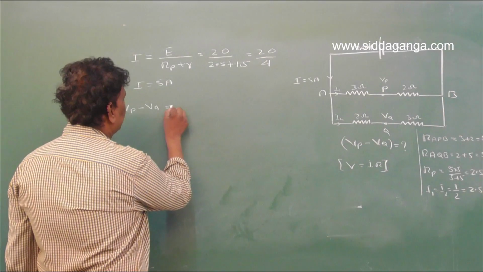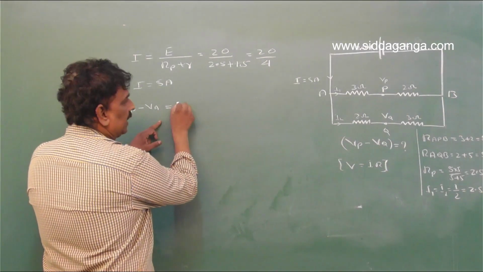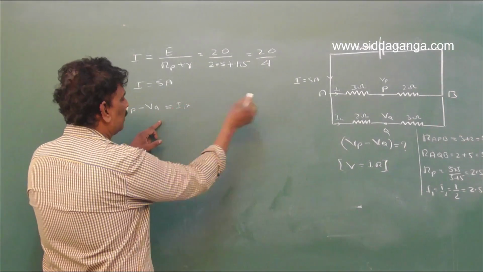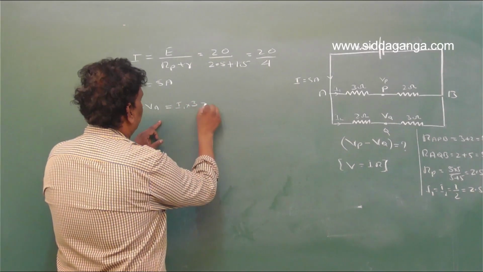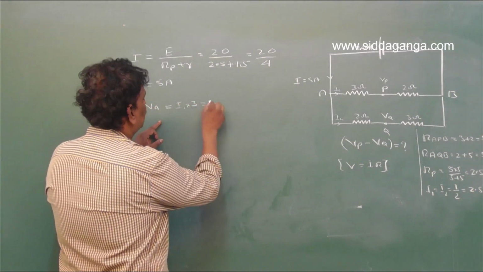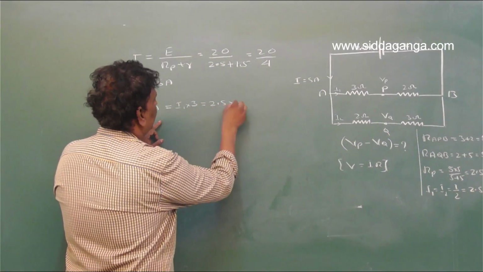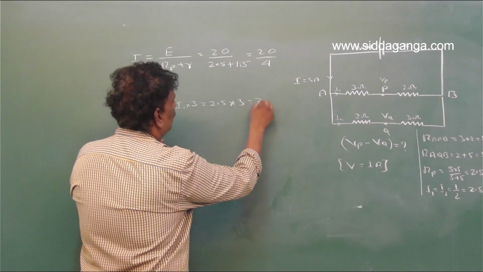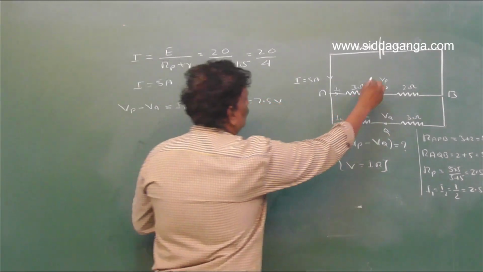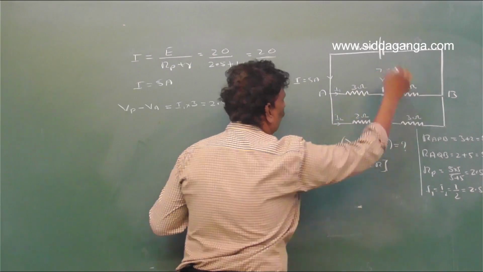Therefore, Vp minus Va is I1 into resistance 3. So 2.5 into 3 is equal to 7.5 volt.